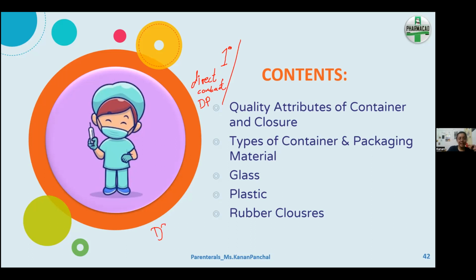Understand DS, it will be useful to you later. DS means drug substance, which means API. And DP is drug product, meaning your formulation. Okay. So primary container is in direct contact with your DP.